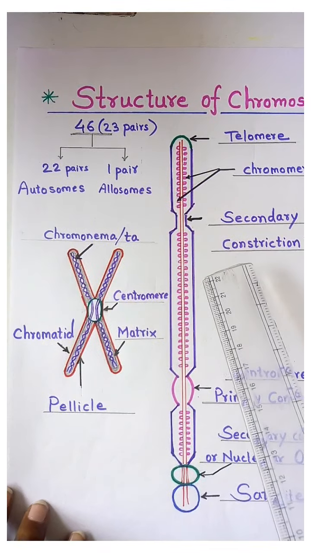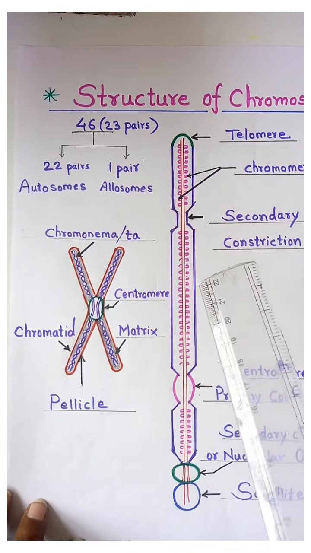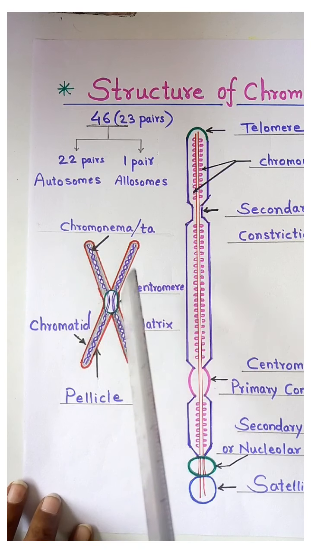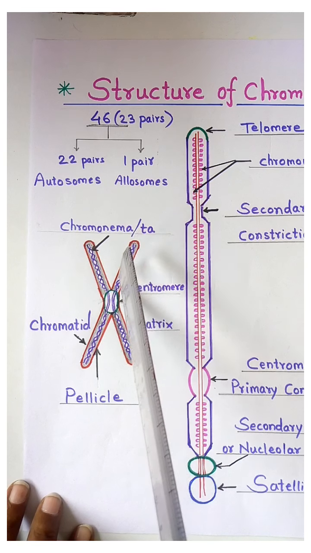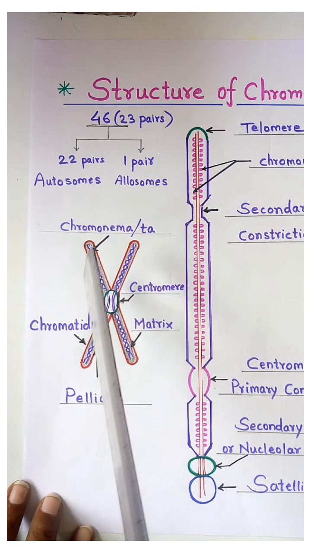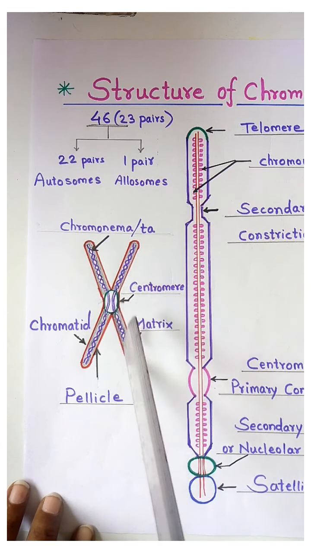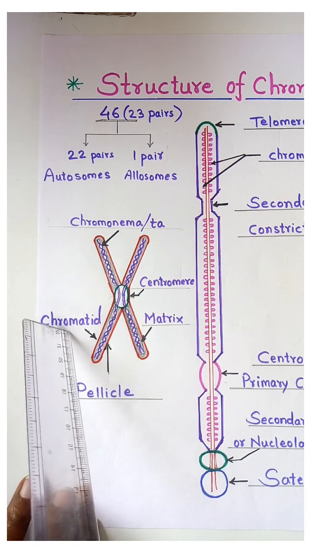Now each chromosome has two chromatids. So this is a replicated chromosome. This is one half and this is the other half of the chromosome. Each half of the chromosome is called a chromatid.